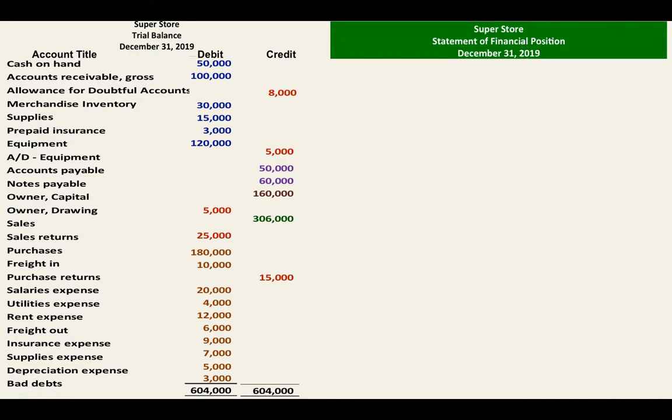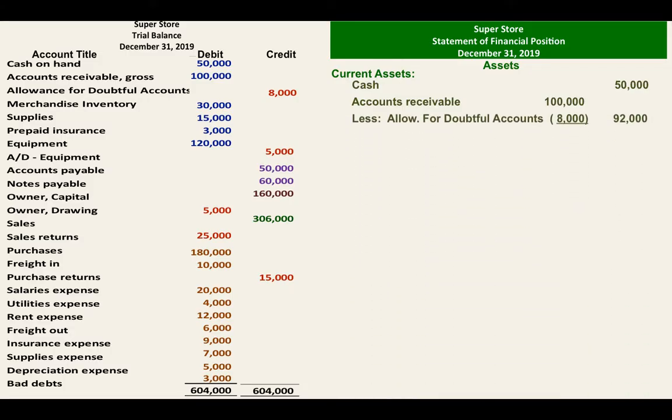Okay? So we will have our assets, and we have our cash of 50,000. We have our accounts receivable, less the allowance for doubtful accounts. Okay? And here, class, the merchandise inventory of 55,000. What we are going to reflect under merchandise inventory on the statement of financial position, kasi end na ito ng 2019, okay? So we will reflect the count.